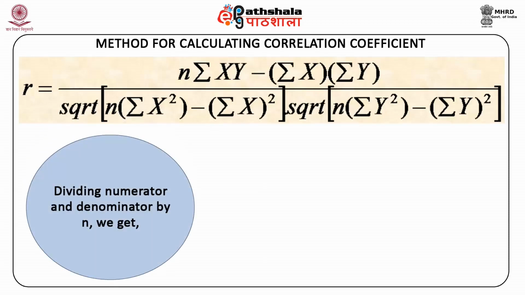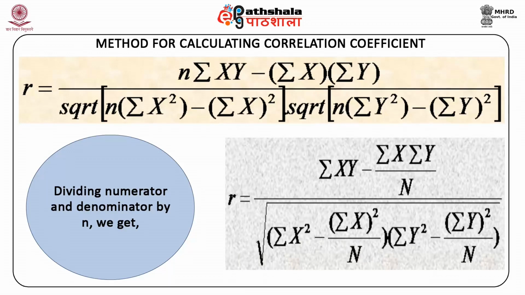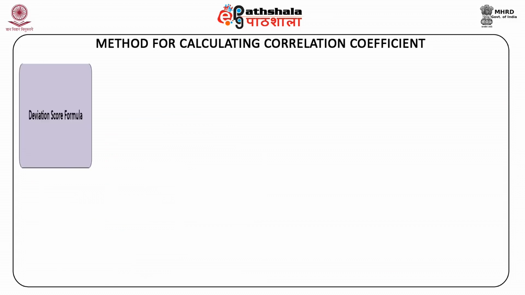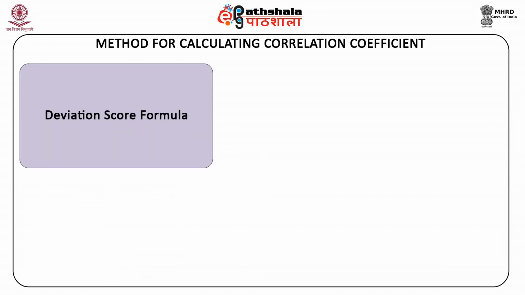Dividing numerator and denominator by n, we get r equals sigma xy minus sigma x sigma y upon n, whole upon square root of sigma x square minus sigma x whole square upon n, multiplied by sigma y square minus sigma y whole square upon n. Next, we present the deviation score formula.